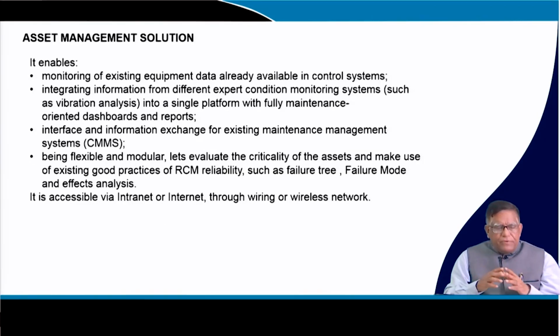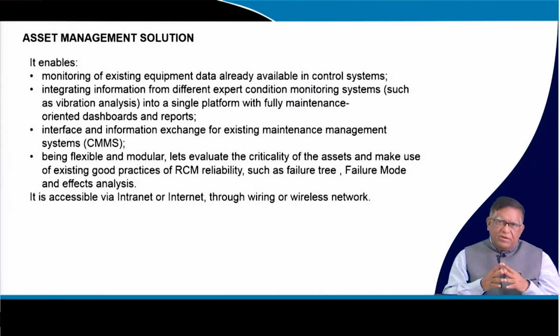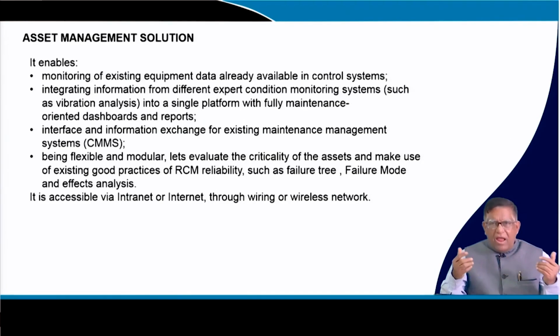It can feed your asset management solution, so that ultimately asset lives will be improved. Computerized maintenance management systems have now been developed. In industry, a number of big companies provide such computerized maintenance management systems.